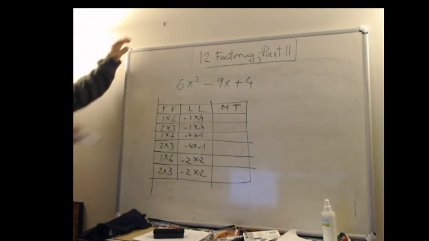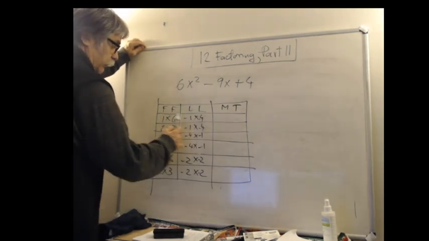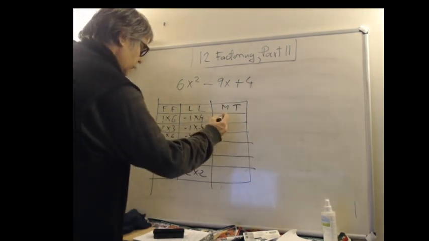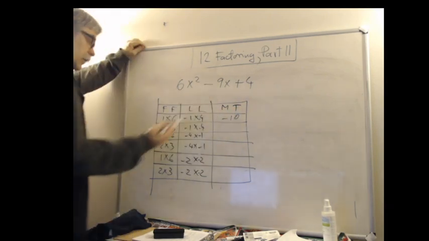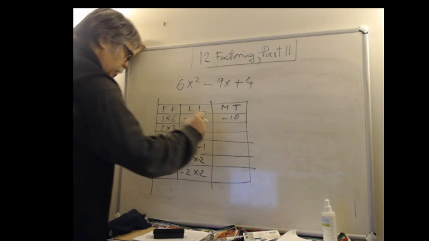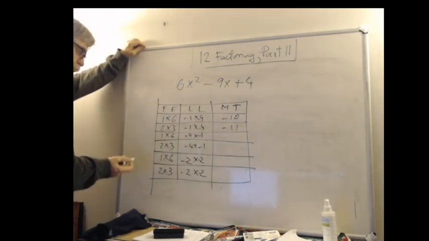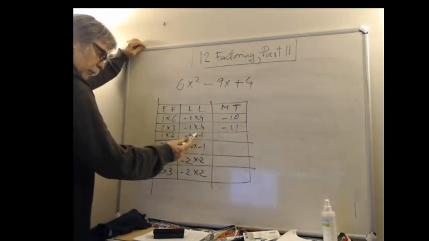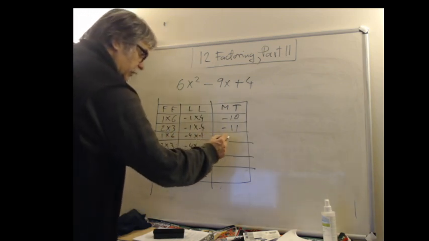Okay? So now try the middle term check. 1 times -4, 6 times -1, that's -10. That is not here. 2 times -4, 3 times -1, so that's -11. It's not here. 1 times -1 and 6 times -4, that's -25.